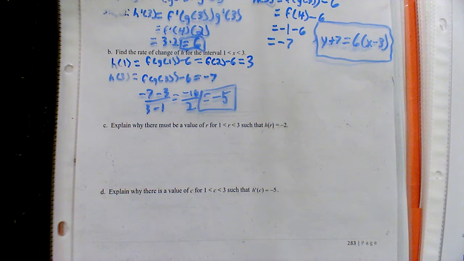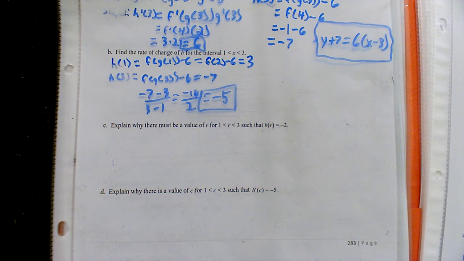All right, Daniel, do you still have an explanation there you'd like to fill us in on? Yes. According to the intermediate value theorem, which states that as long as h of x is continuous on the interval 1 comma 3, there must be a value y that is greater than or less than h of a, but it has to be the same as the first, than h of b.